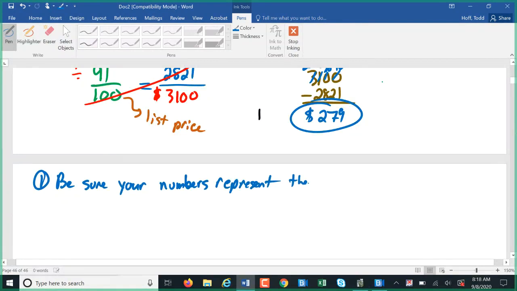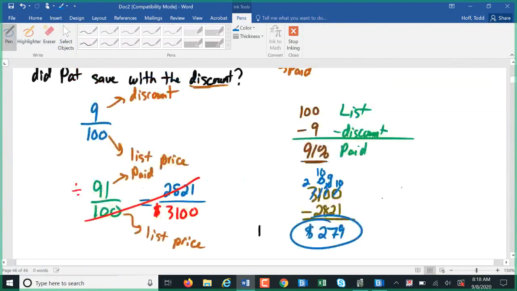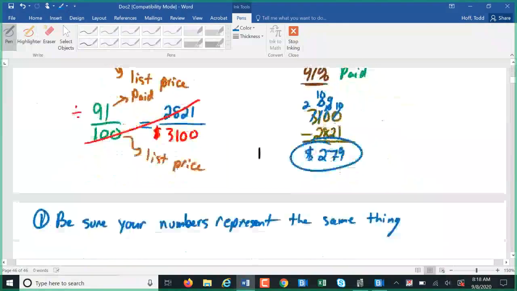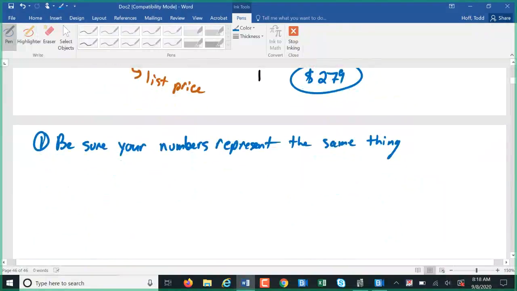In other words, represent the same thing when we're dealing with a proportion. Many of you would have done the 9%, 9 over 100, would have plugged in the 2821 here and cross-multiplied and divided. I'll show you in a little bit how that gives you a slightly different answer, which is not correct.